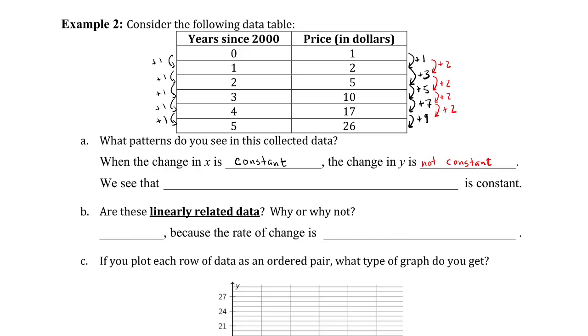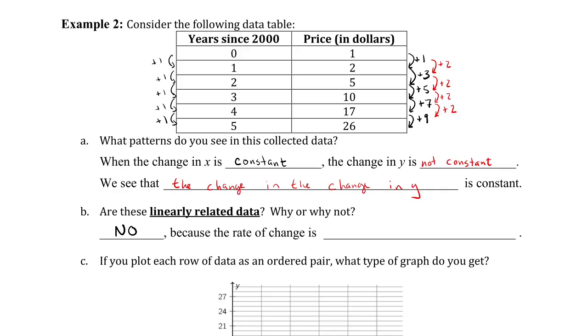What we're seeing here, we'll describe this as the change in the change in y is constant. So it's not just finding the differences in the y values. We have to go an extra step of finding differences, but then we find something constant. So these variables are not linearly related.